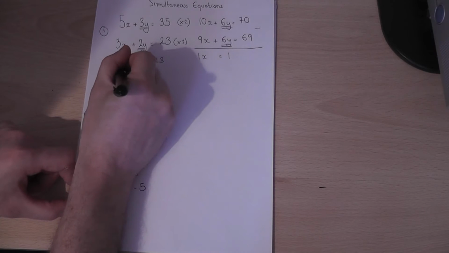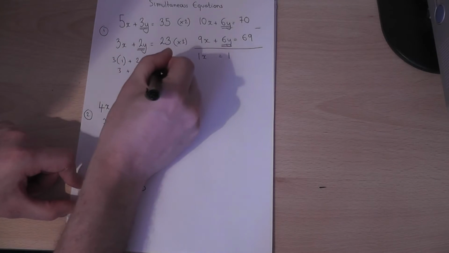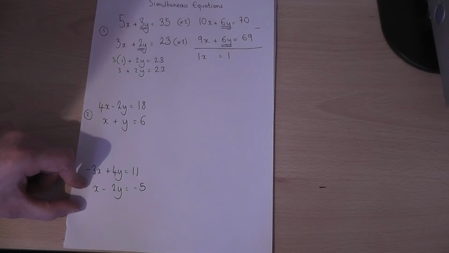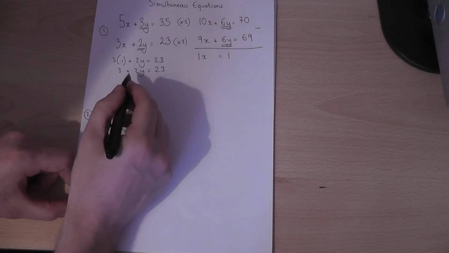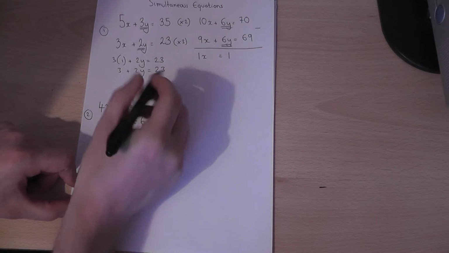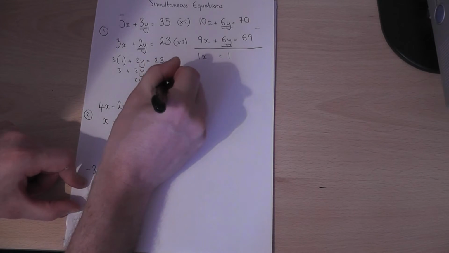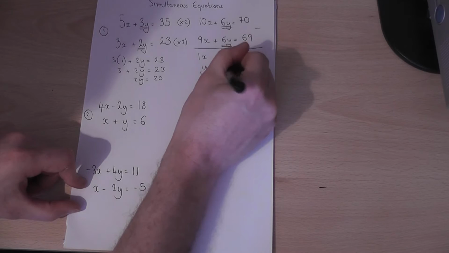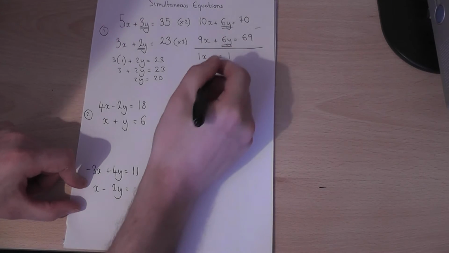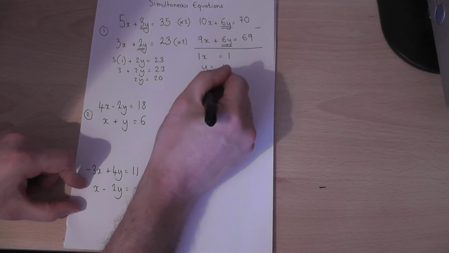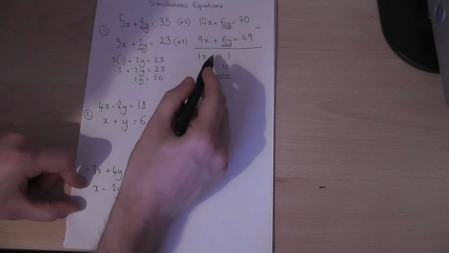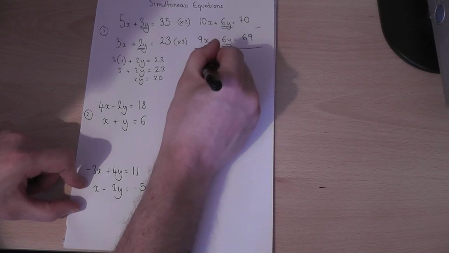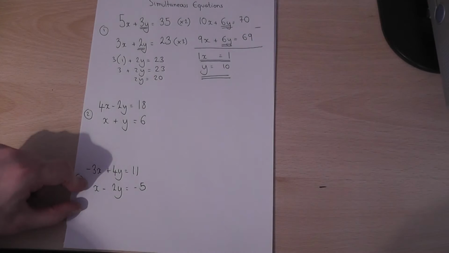Now 3 times 1 is 3, plus 2y equals 23. Because I have to add on 3 to get to 23, 2y must equal 20. In other words, y must equal 10. So x equals 1 and y equals 10. These are the solutions to the 2 simultaneous equations.